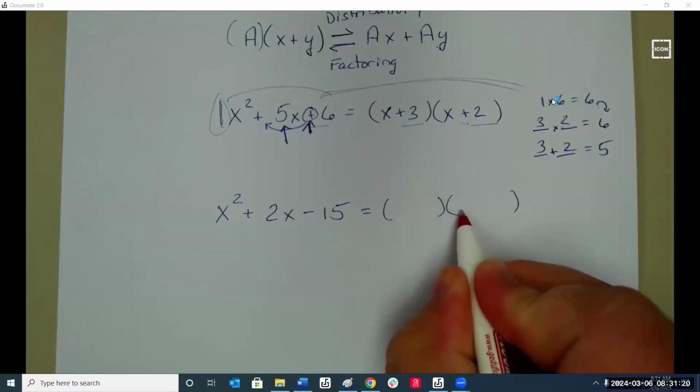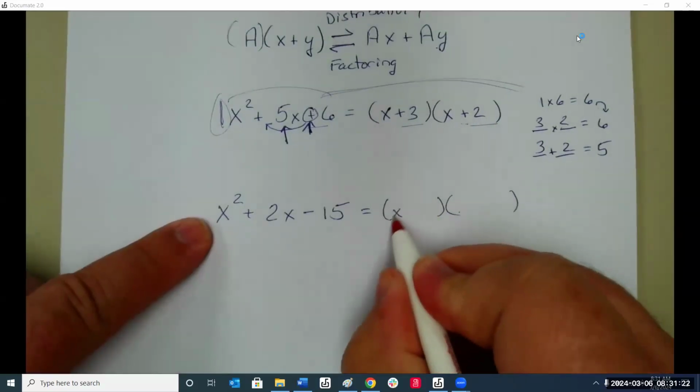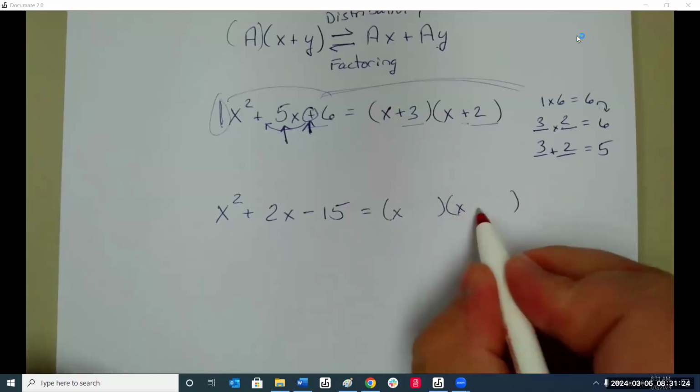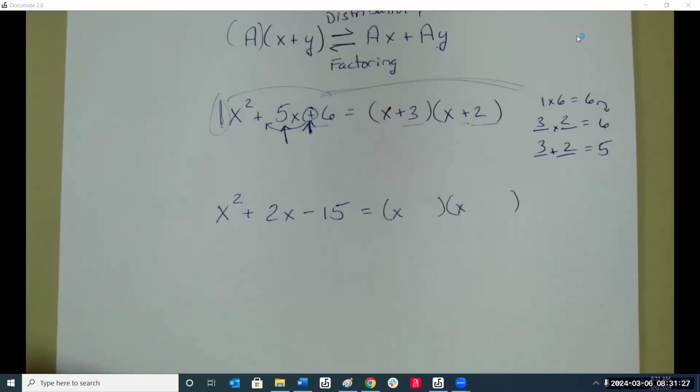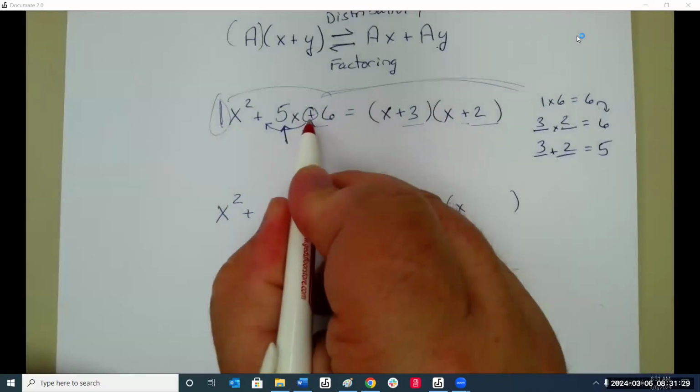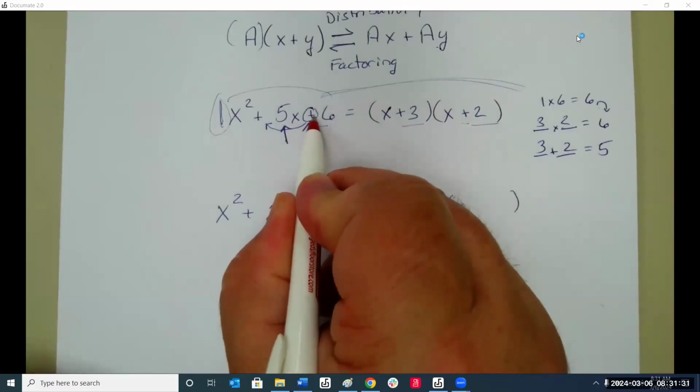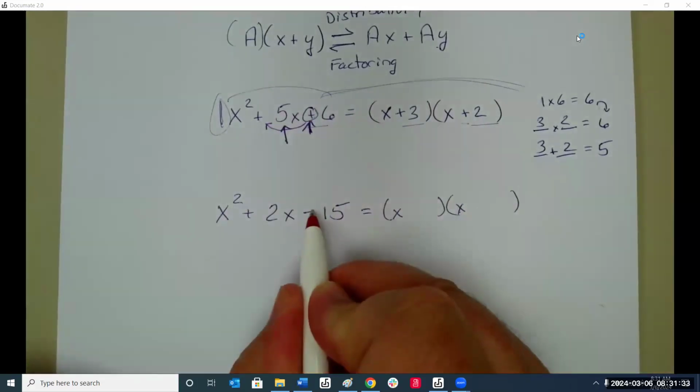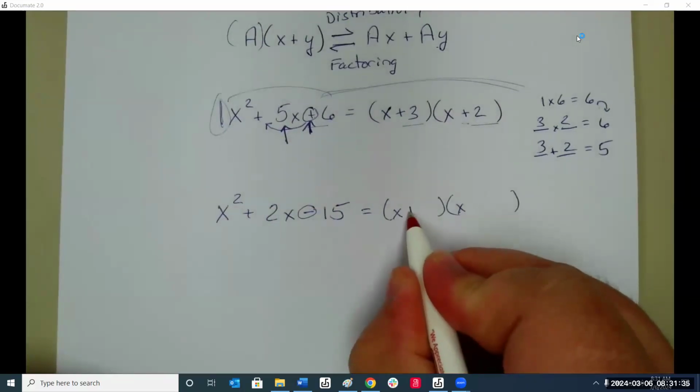So what goes in the first spaces? X and x. What about the signs? Remember, if the second sign's a plus, that means they're the same signs, whatever the first is. If the second sign's a minus, then they're opposite signs.